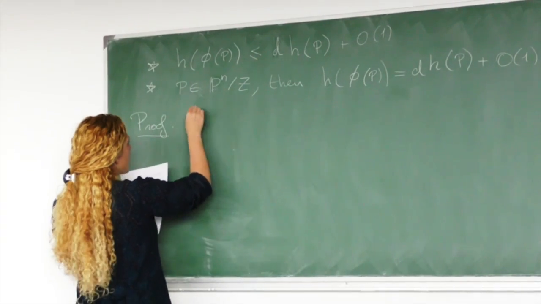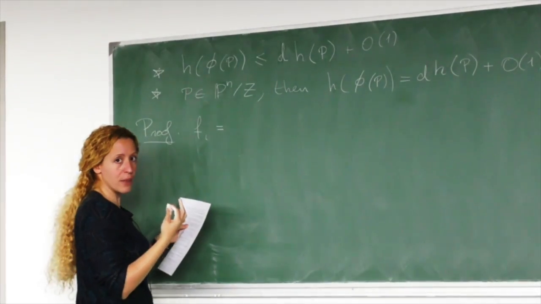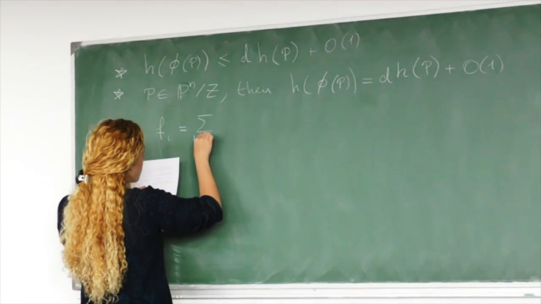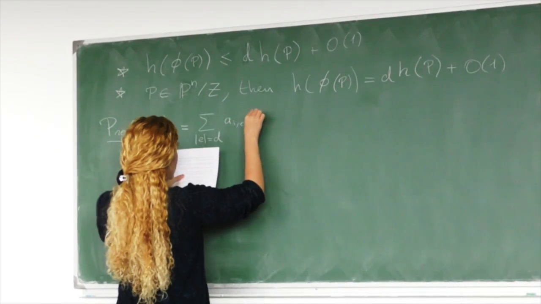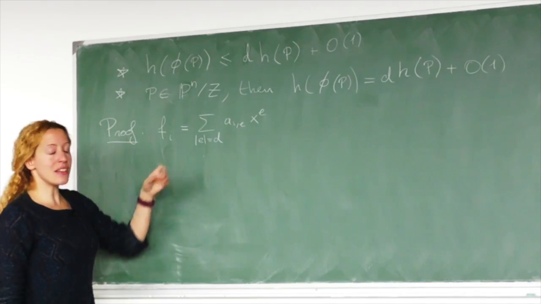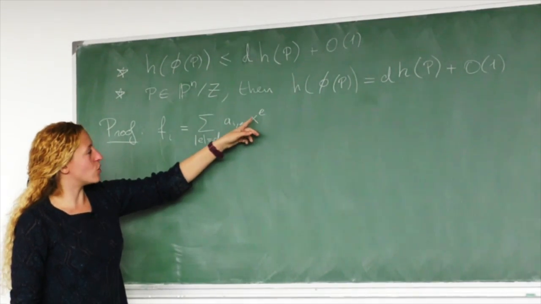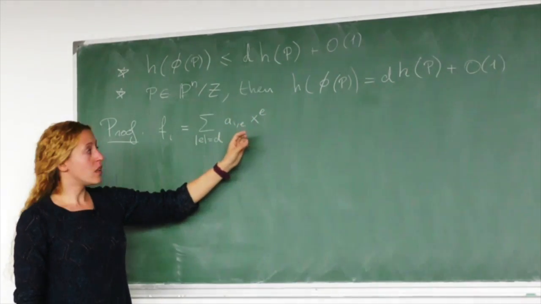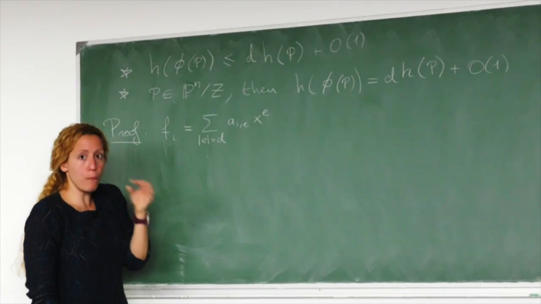So we start by writing explicitly the f_i defining the morphism. This is going to be equal to a sum like this. Some abuse of notation here: E is actually a multi-index. Recall that this is not X, this is a compact way of writing the n plus 1 variables that we have, because we start with points on Pn.